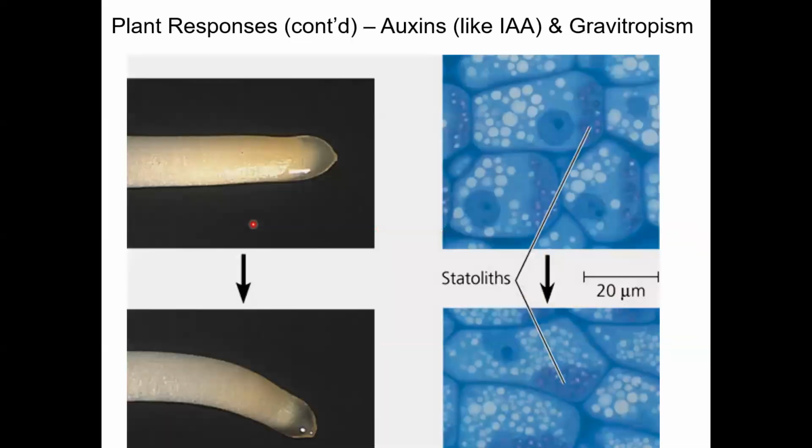Gravitropism, okay, this is an example of gravitropism, allows the roots of a plant to determine the direction of gravity and grow downwards. And what we're seeing here is something called statoliths. This particular example of a statolith is starch grains. The starch grains have migrated from one part of the cell to another part, and this is functional in the bending mechanism that goes on in geotropism.